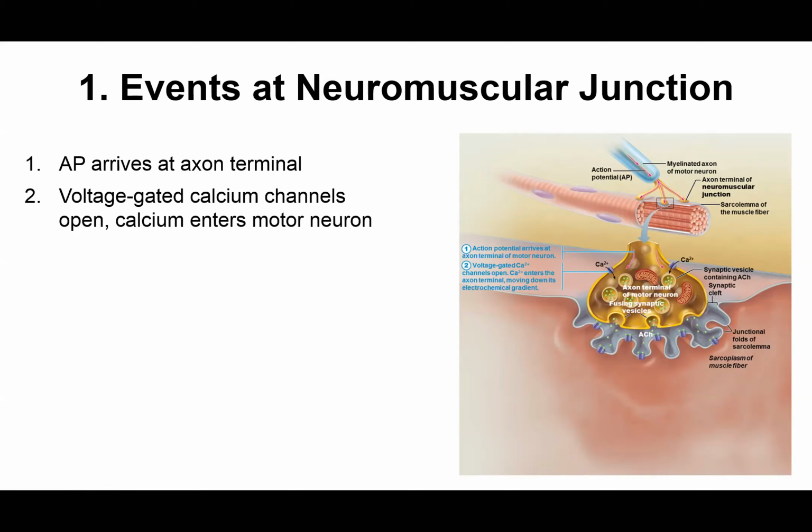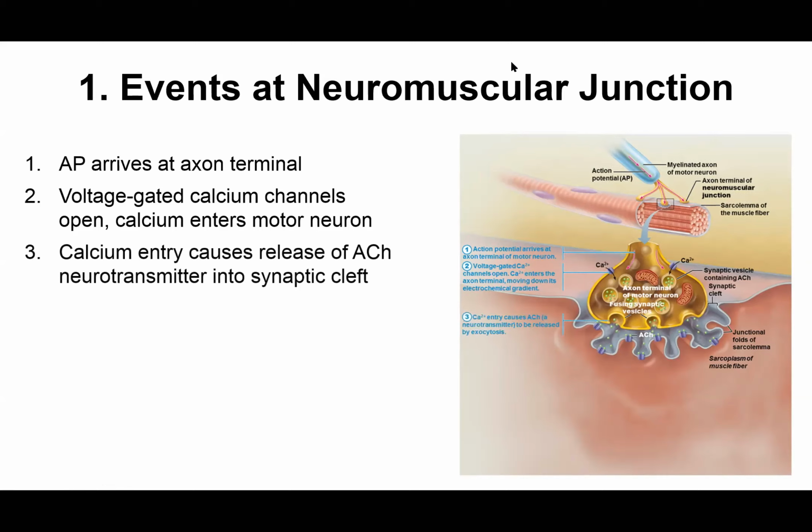And these calcium channels are, again, voltage gated. So because of this, calcium is going to enter into the axon terminal and causes these synaptic vesicles to fuse to the end of the axon terminal.